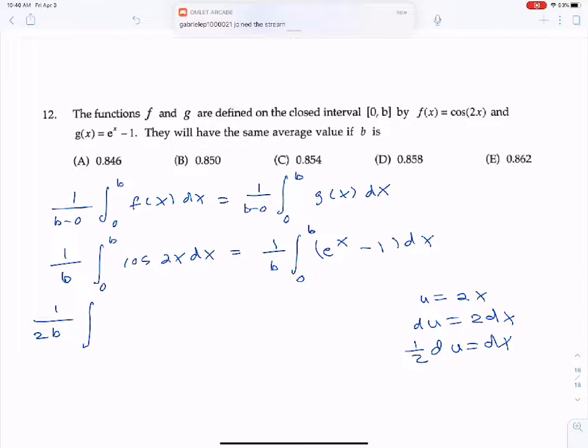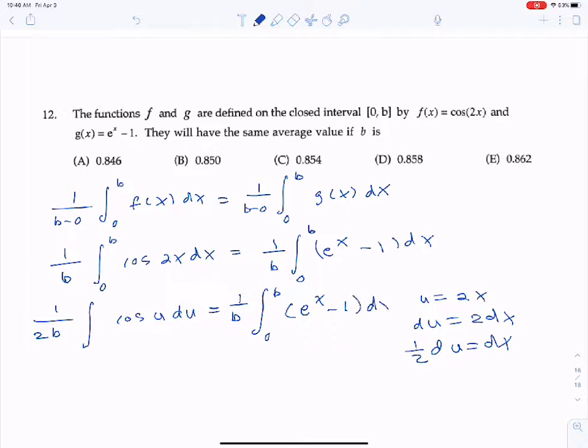I'm going to keep those blank. And that's going to be the integral of cosine u du, equal to 1 over b of this stuff. And this one I'm not going to have to do any u substitution. Let's just double check that before I move on. That looks solid, I think.